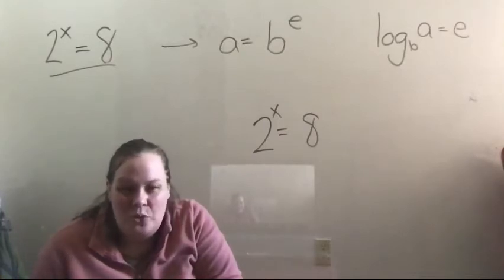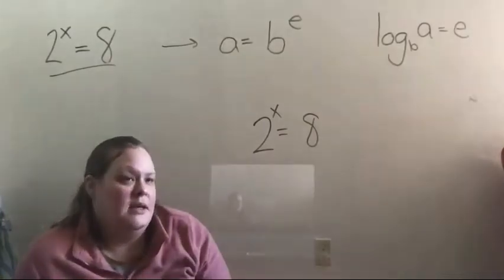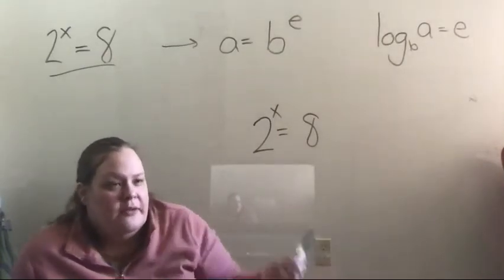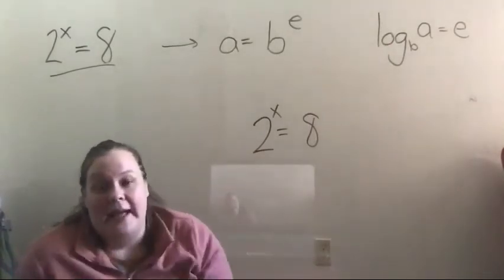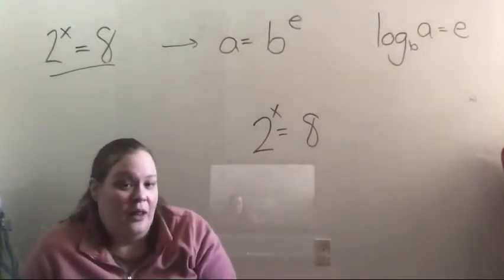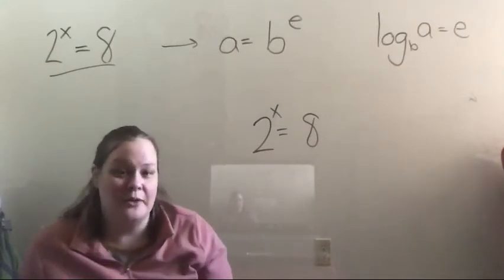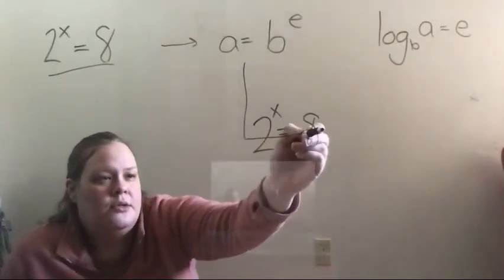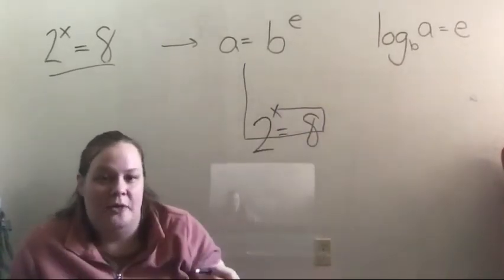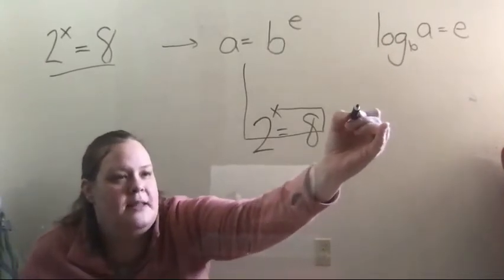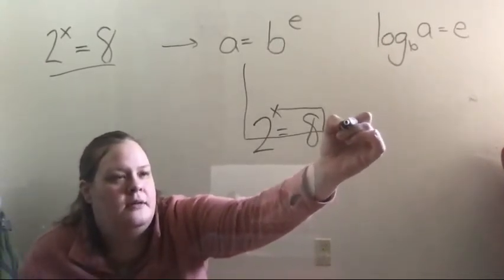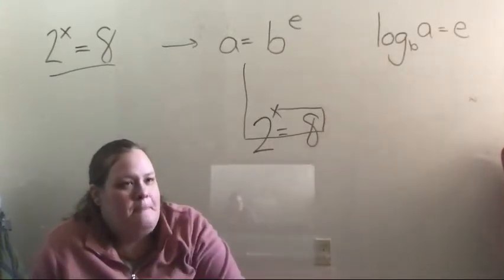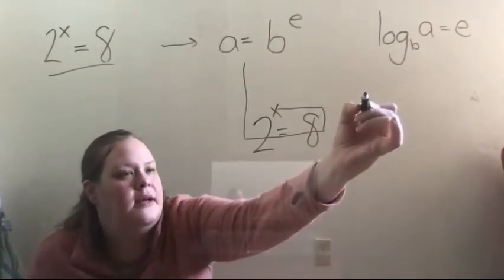I tend to be a more visual sort of person when it comes to memorizing. And so I'm going to show you another strategy that you might want to use. So if we're looking at it here in exponential form and we want to write it as a logarithm, well, logarithm starts with an L. So what I can do is go to this and write an L, and it will tell me the order that I should write that, right?